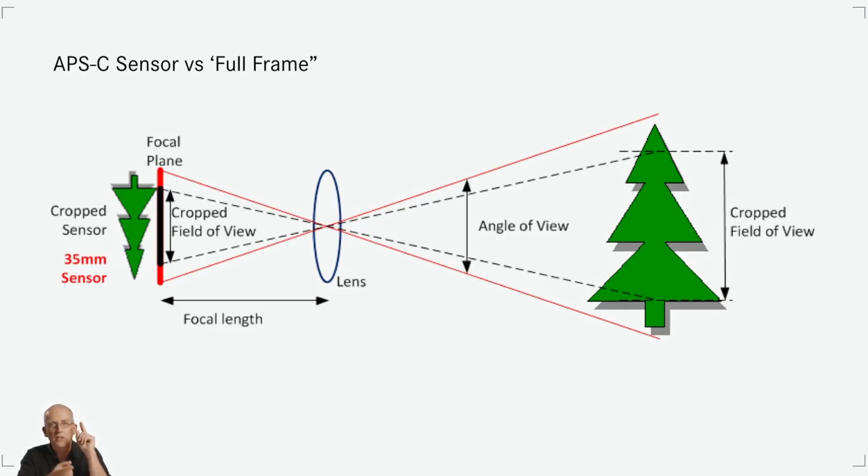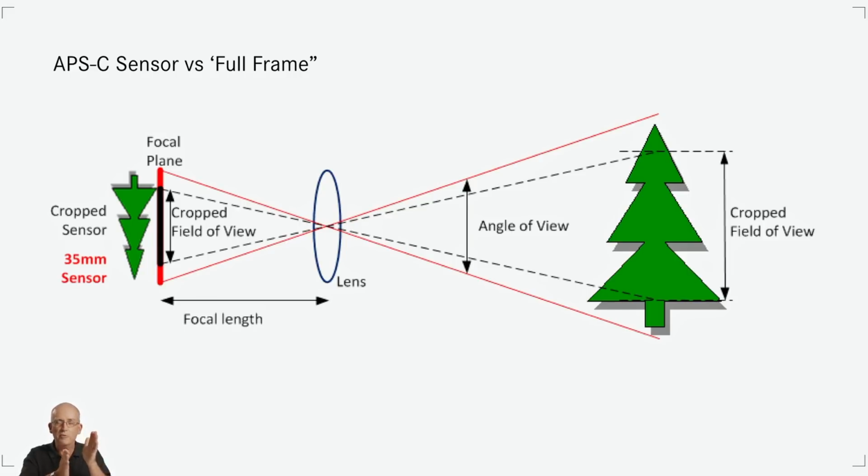If you are using a lens of the same focal length and you're standing in the same position, photographing the same thing, a smaller sensor will simply capture a smaller part of that image. Therefore, your angle of view will be slightly less, which will give it the impression of it being a slightly longer focal length lens. And if you look at this diagram, everything is the same except the sensor is smaller.